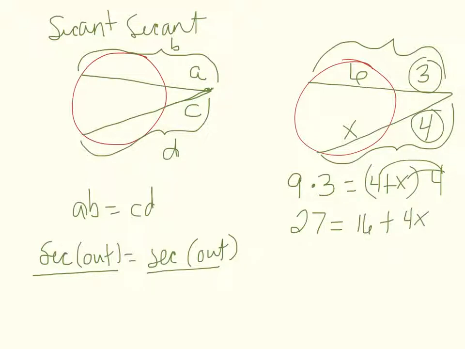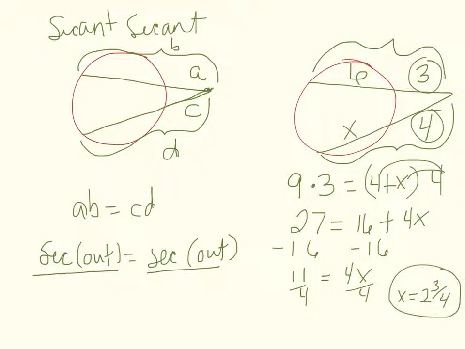I'm going to subtract 16 from both sides, which is 11. And then I'm going to divide by 4. So x will equal 2 3/4 this time. I'm really striking out for coming up with ones that come out even, so sorry, but hopefully you can follow the process.